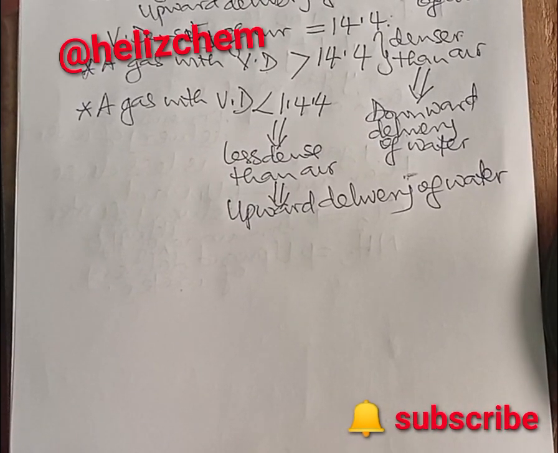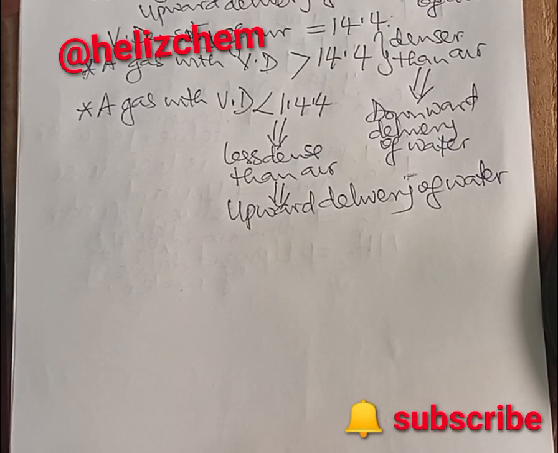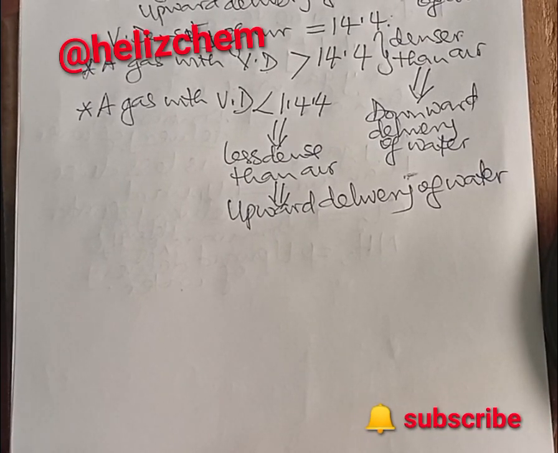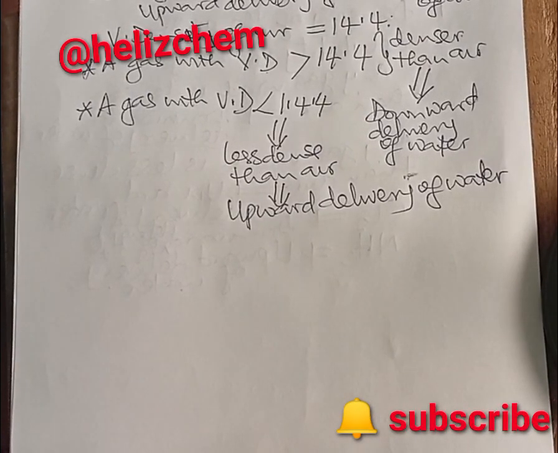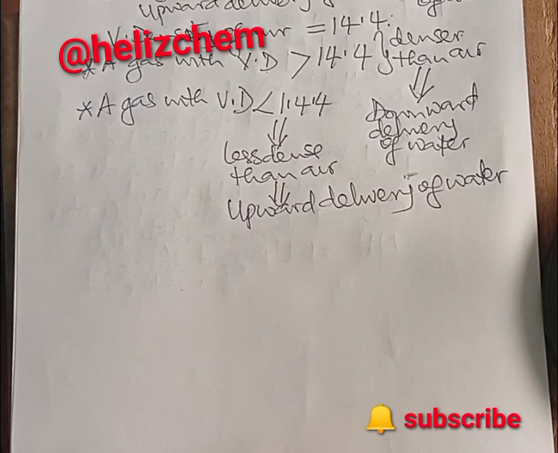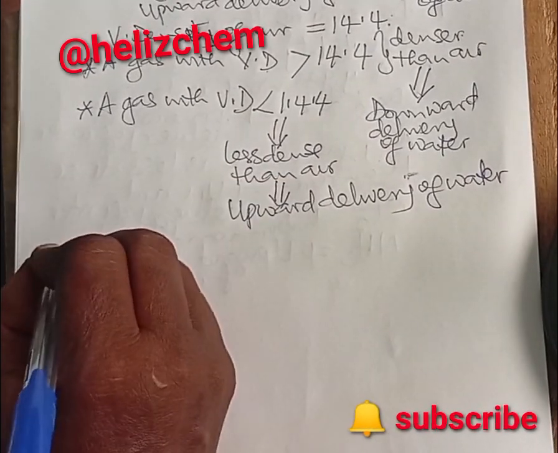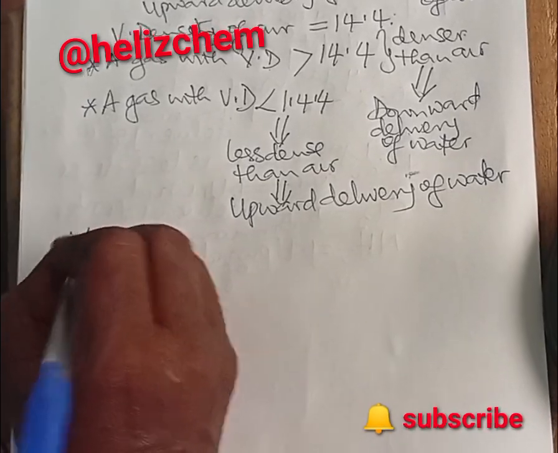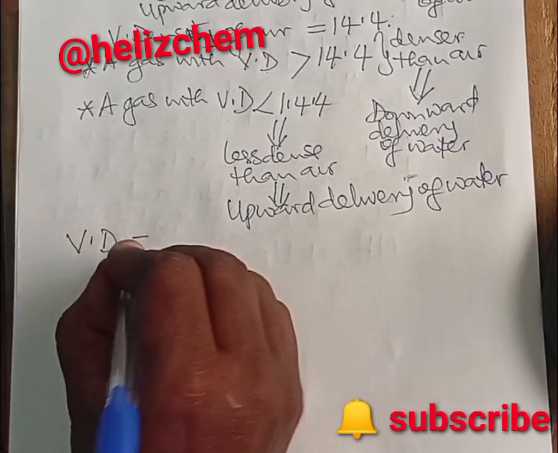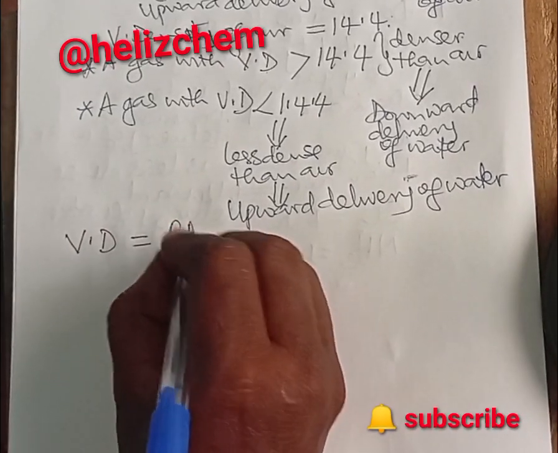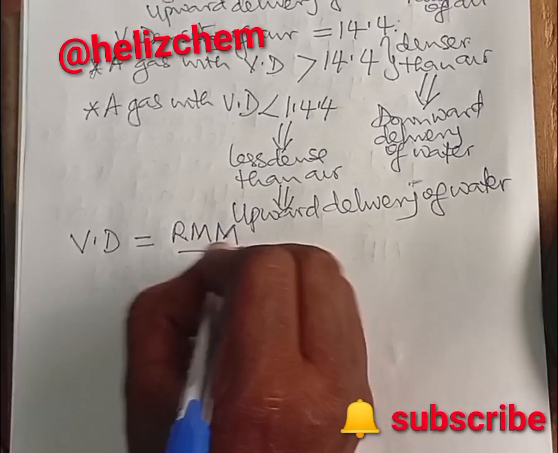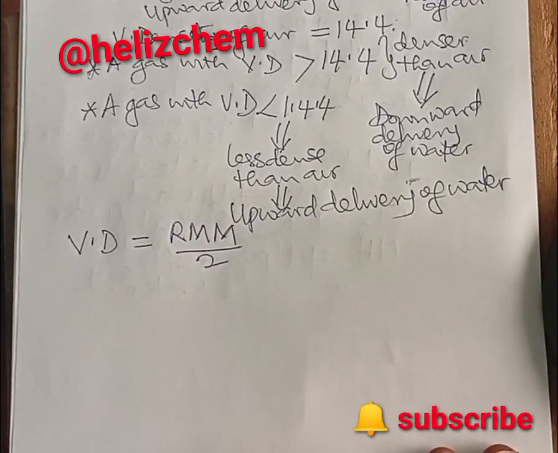But I want you to remember that the formula of vapor density of a gas is given as vapor density equals relative molecular mass over 2.